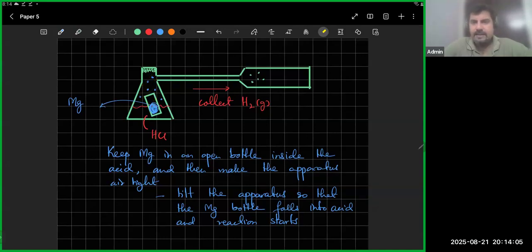So since there already is air present, the first thing that's going to be pushed into the gas syringe is going to be air.